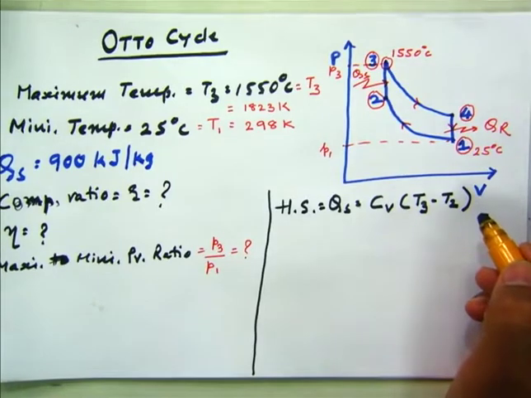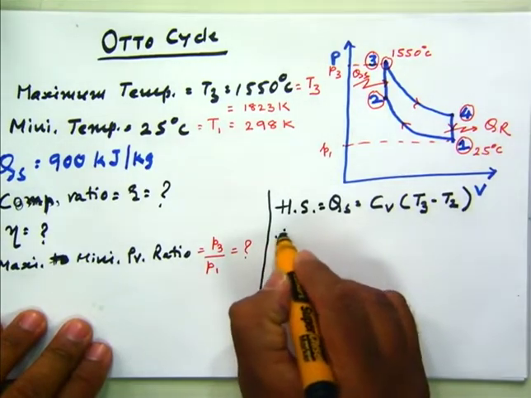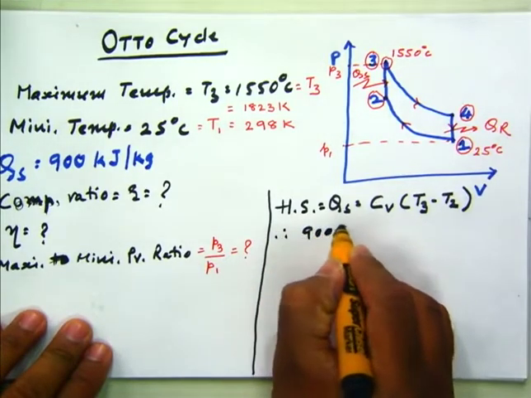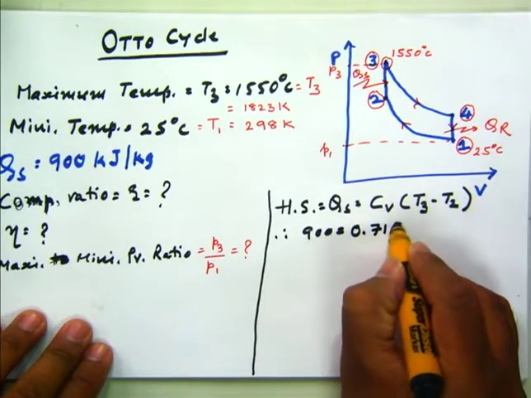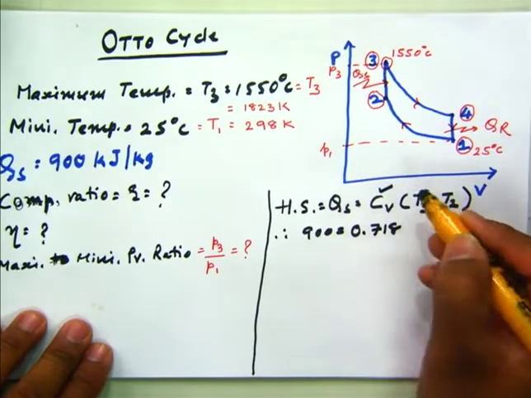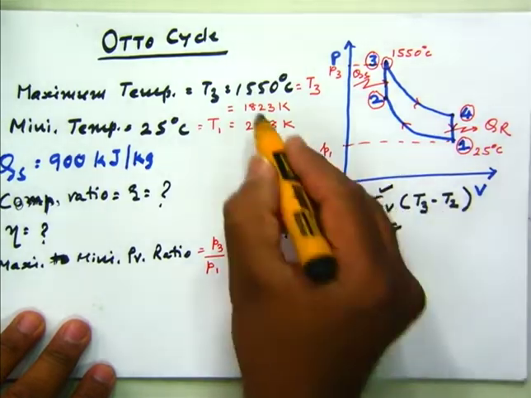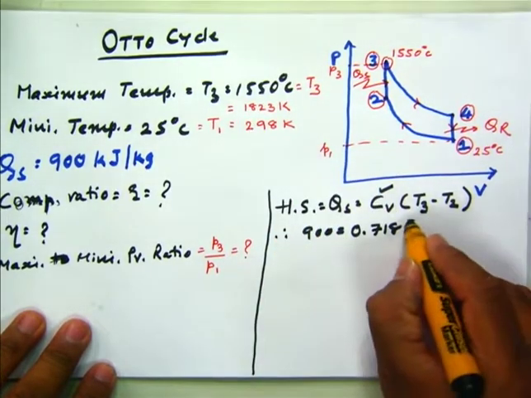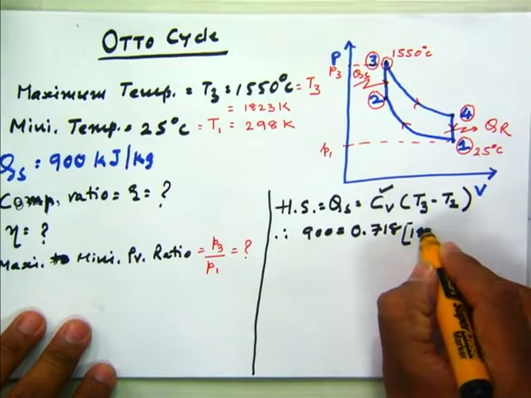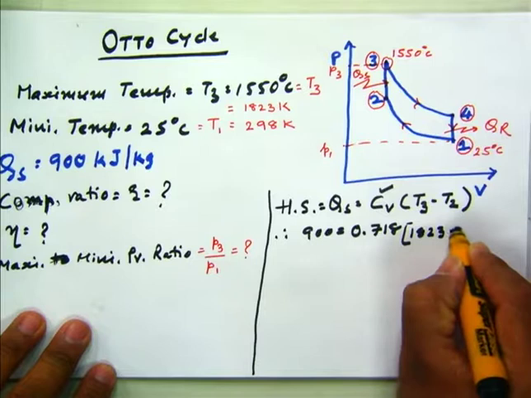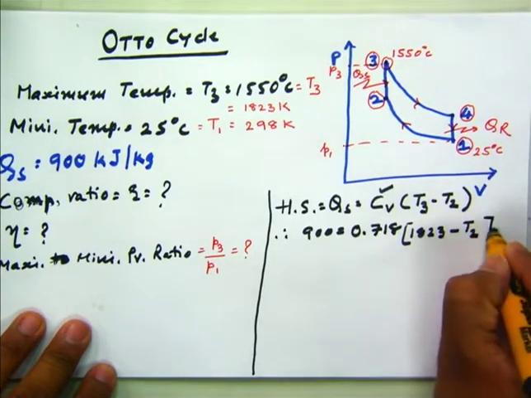We have Cv times T3 minus T2 equal to 900, so 900 equals 0.718, that is the value of Cv, already given, times T3, which we have as 1823, minus T2.